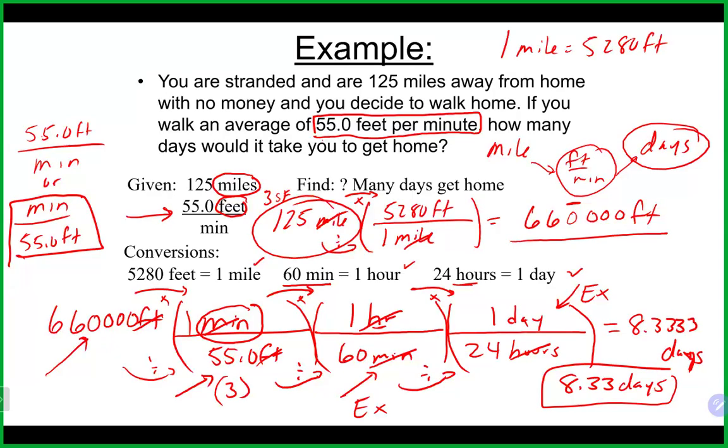All right, so why don't we try just a couple other ones here. Let's do 3,255 cubic centimeters to cubic feet. Yeah. So 1 inch is 2.54 centimeters.